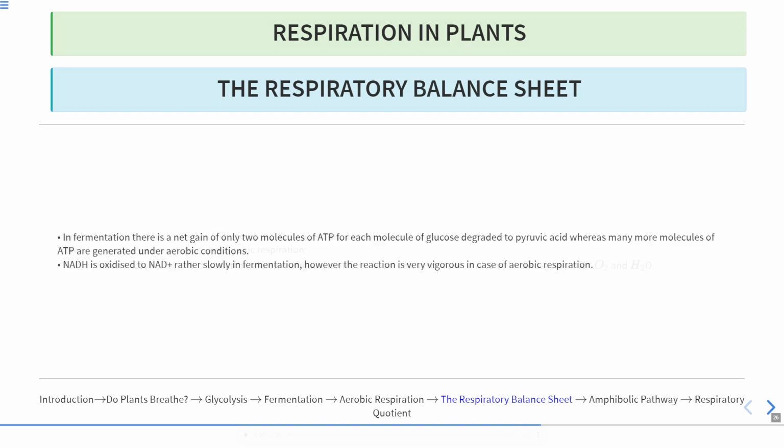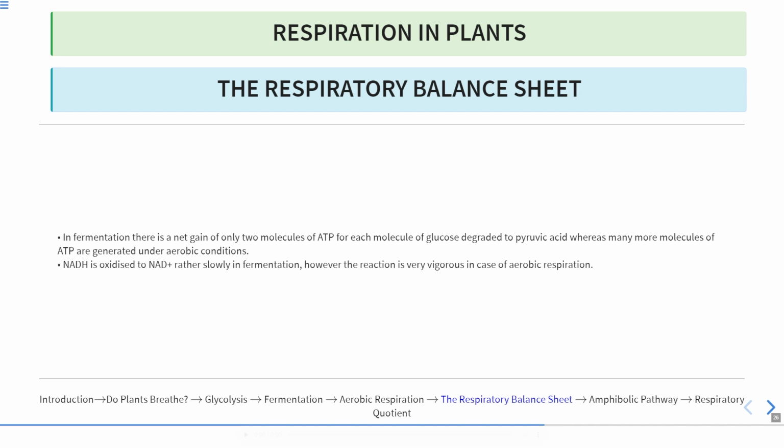Now, in fermentation, there is a net gain of only 2 molecules of ATP for each molecule of glucose degraded to pyruvic acid, whereas many more molecules of ATP are generated under aerobic conditions. So you can compare how efficient aerobic respiration is.